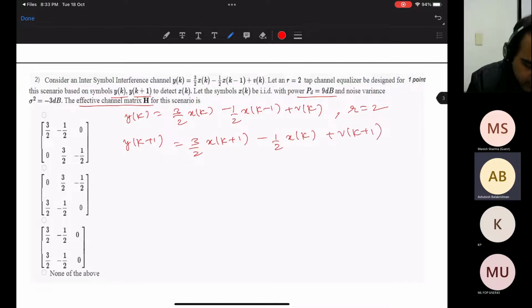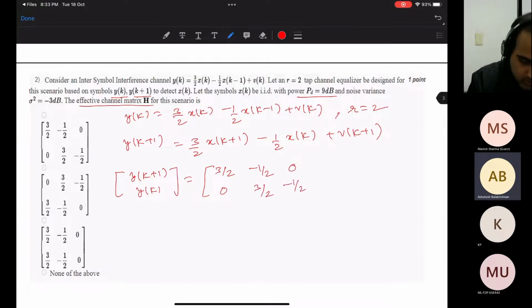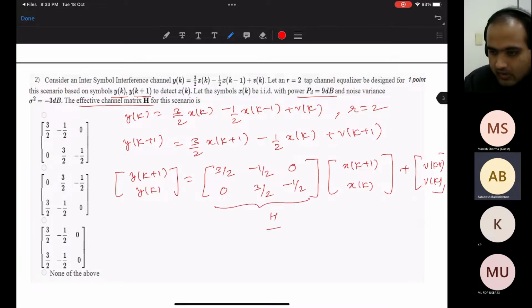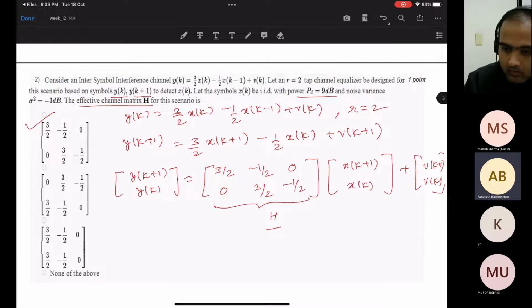Writing this in matrix form, you have yk plus 1 and yk, then the matrix 3/2, minus 1/2, 0; 0, 3/2, minus 1/2, multiplied by xk plus 1, xk, and so on, plus the noise terms vk plus 1 and vk. This is my effective channel matrix H, so the answer is A. Any questions?